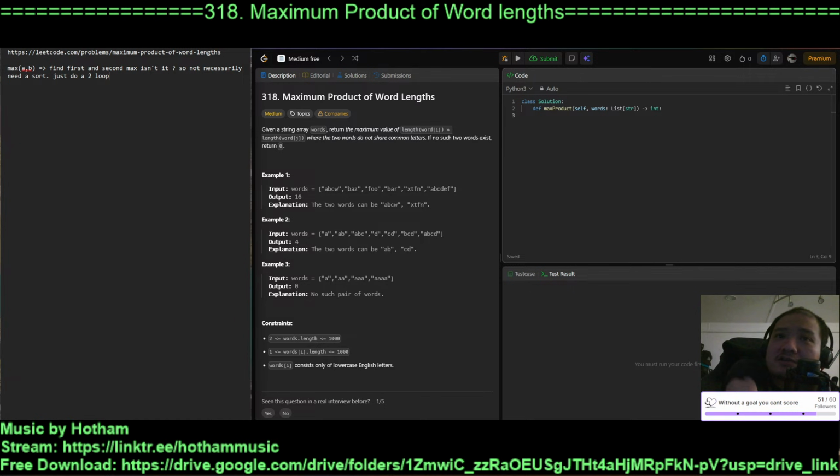So the second thing is, the two words have to not share common letters. Okay. So basically we have to find no common shared letters.